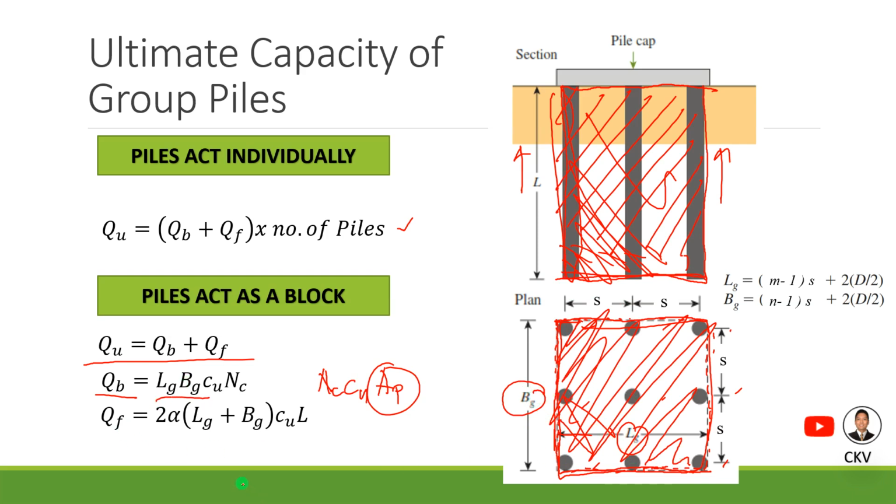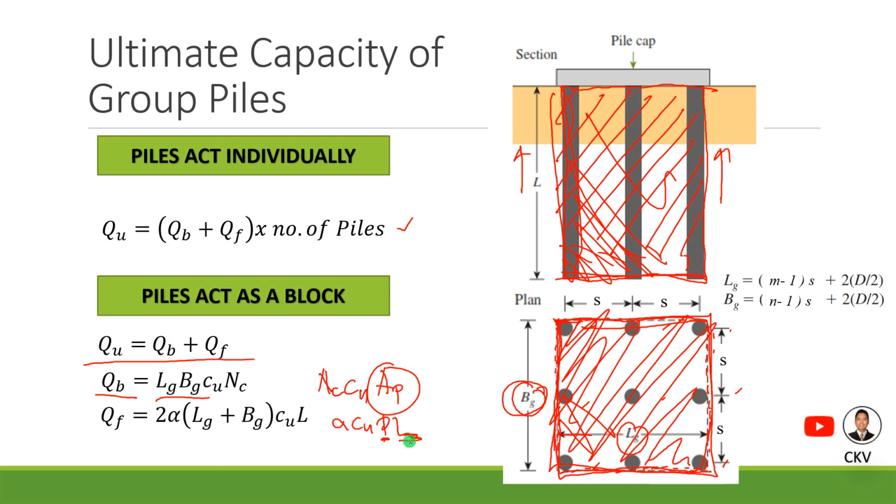The same way with the skin friction, as we have recalled, we have a C, U, P, L, or this will be your perimeter, this will be the length. So for our perimeter, if this is a rectangular cross-section, your perimeter is just twice the value of BG added to twice the value of LG, or simply add all these four sides of this rectangular shape formed by this block.